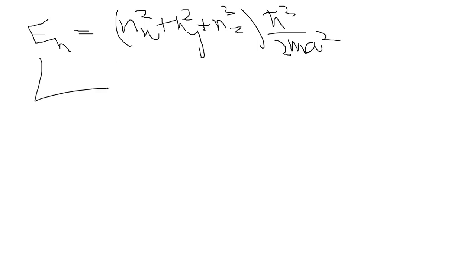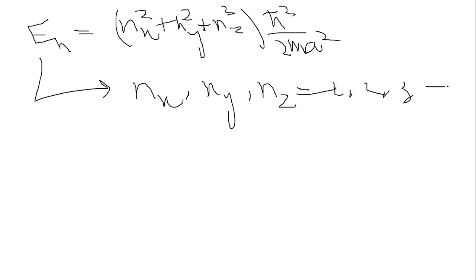Like the one-dimensional potential well, where n started from 1, here also the values of nx, ny, nz will start from 1, and be 1, 2, 3, like that.